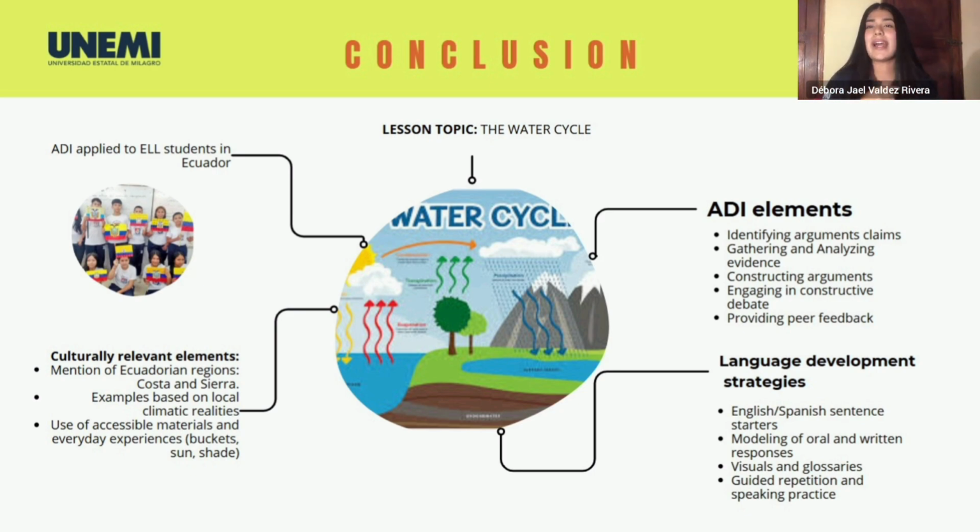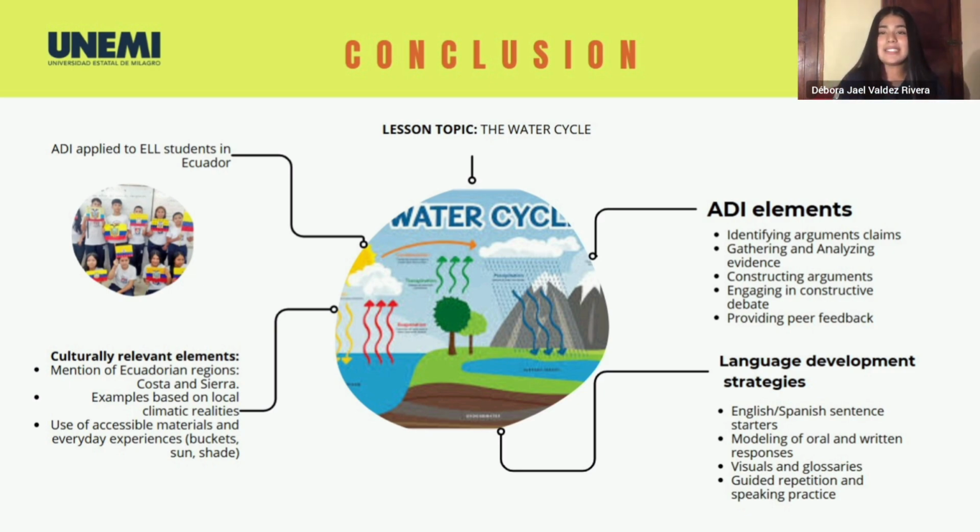Now, let's take a short review of what we have learned in this video. First, we learned what argument-driven inquiry is. It's a pedagogical strategy that allows students to construct scientific knowledge through exploration, discussion, and the use of evidence. We also saw how ADI benefits ELL students by promoting academic language development through the use of sentence starters, visual scaffolding, and meaningful activities.